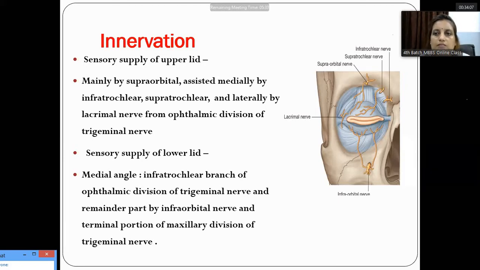In the last class also we discussed this. Sensory supply of the lower lid is by the infratrochlear branch of the ophthalmic division at the medial angle, and the remainder by the infraorbital nerve, the terminal portion of the maxillary division of the trigeminal nerve.